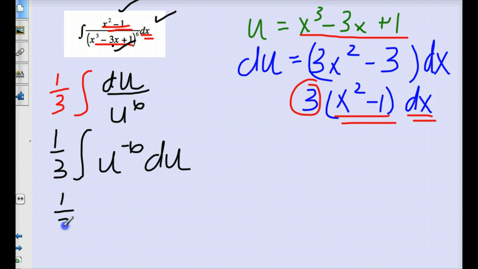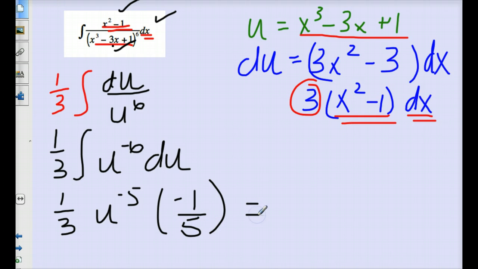Let's see, I keep the 1/3. U, negative 6 plus 1 is negative 5. Then I need to multiply by the reciprocal. And if I simplify, I'm going to get negative 1 over 15. And I see this is a negative 5, so I know my u should go in the bottom right here, plus c.